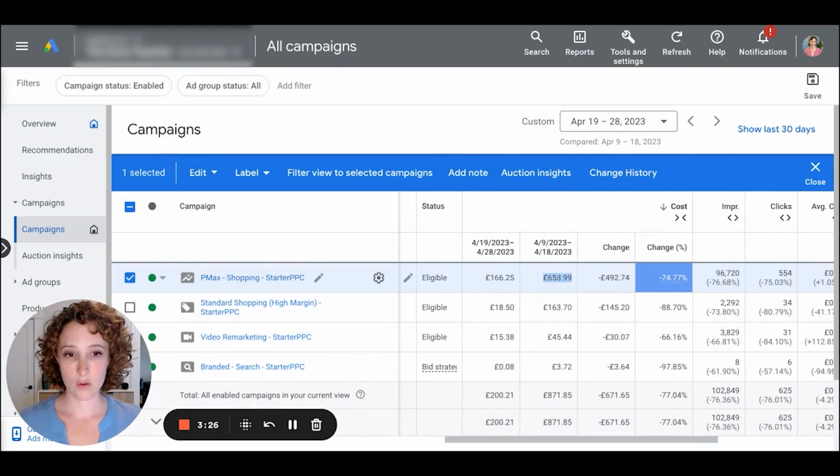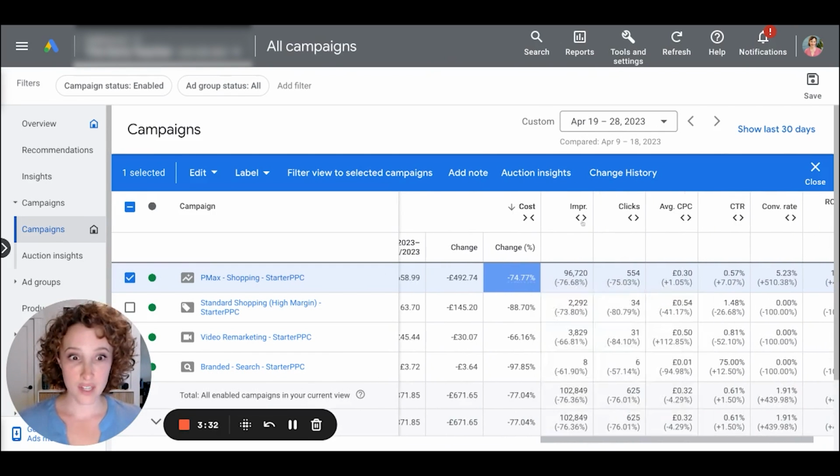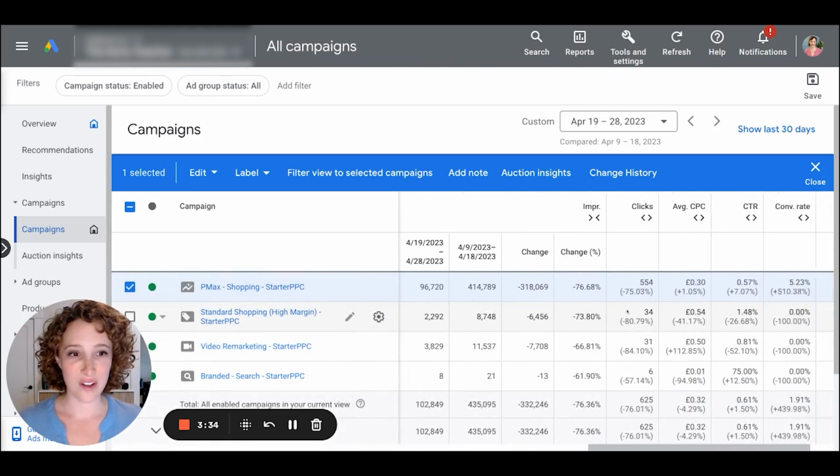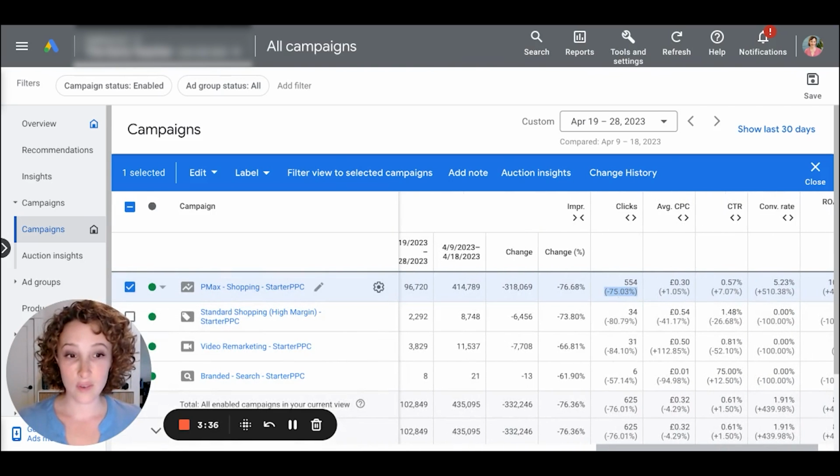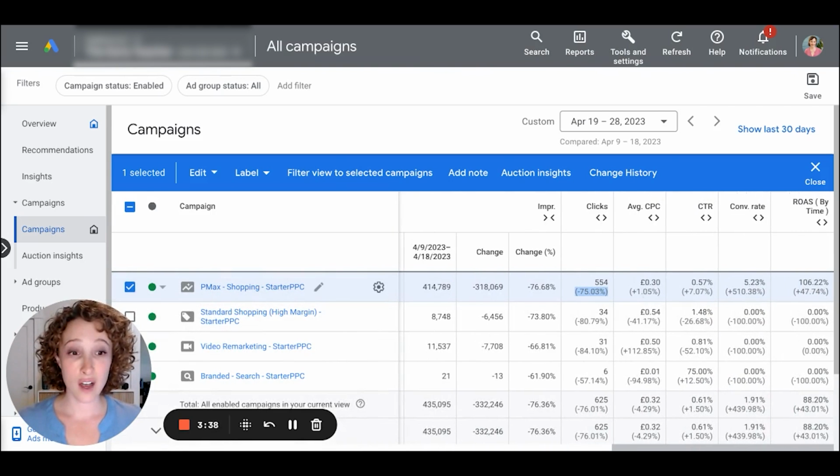So it was spending $600 per day, now it's spending $166. Impressions went down 76%. Wow. Clicks also went down 75%. The average cost per click actually went up a tiny bit. However, click-through rate went up a tiny bit. That's good. Conversion rate went up a ton, 500% increase in conversion rate.